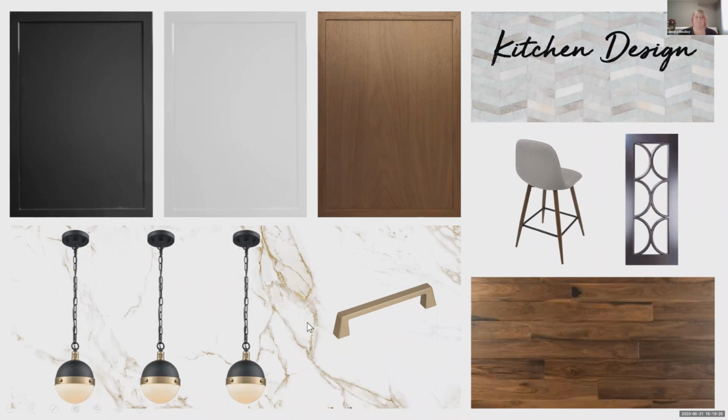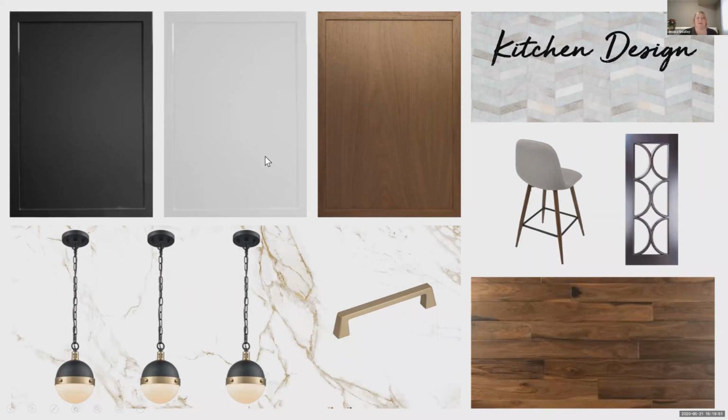We have a countertop back here along with some lighting fixtures, cabinet hardware, flooring. This is actually an area rug, island stools, and an accent mullion door. So this specific design board was created for this specific kitchen.